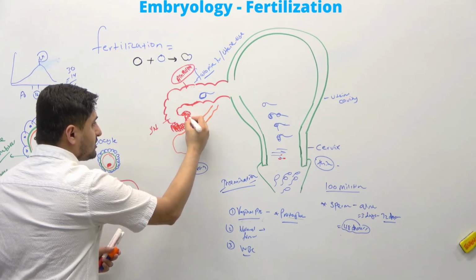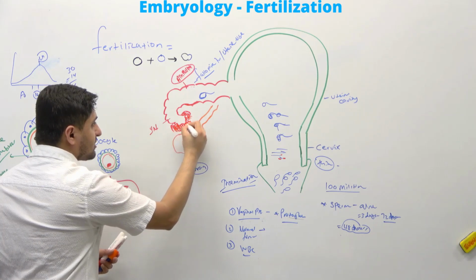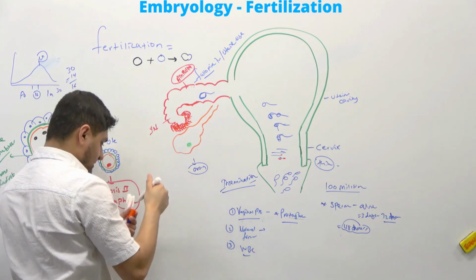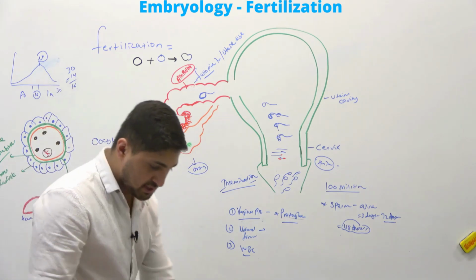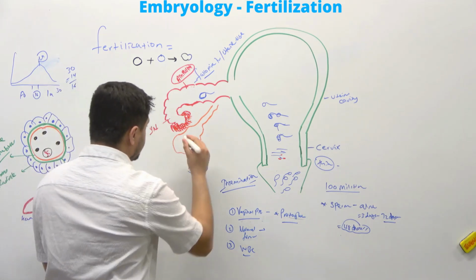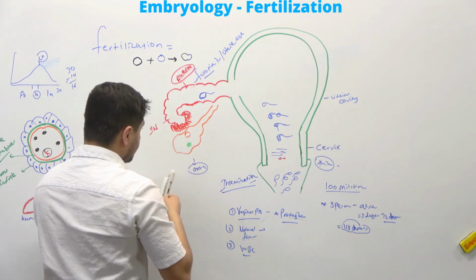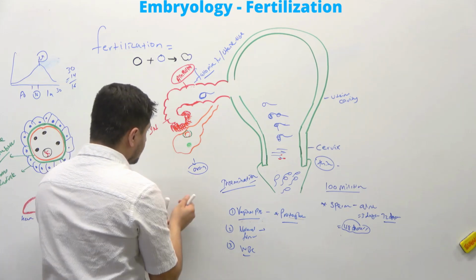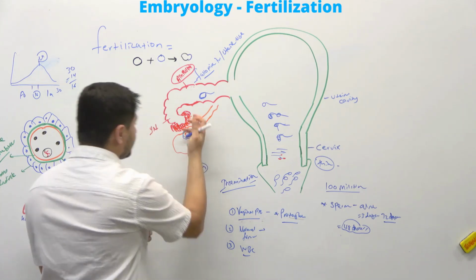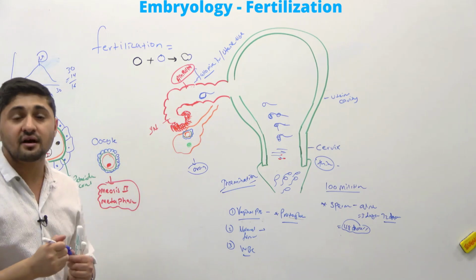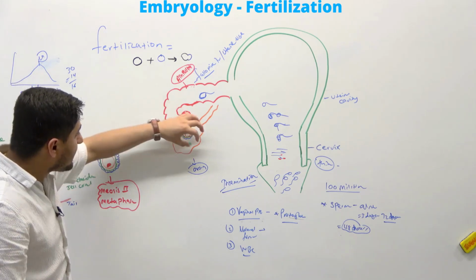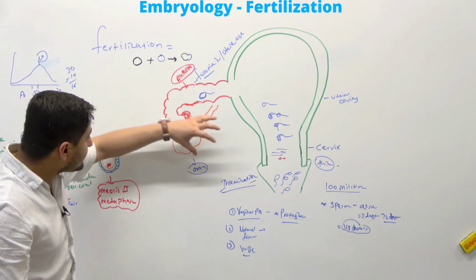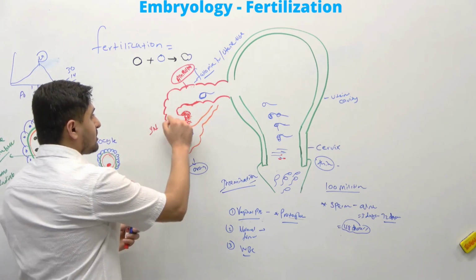The fallopian tube has these finger-like projections coming out, and they take up these cells, which I'll make green here, and sweep them along with it. It sucks it up, because some enzymes also get released here that attract the secondary oocyte to get picked up by the fimbriae and deposited down here.